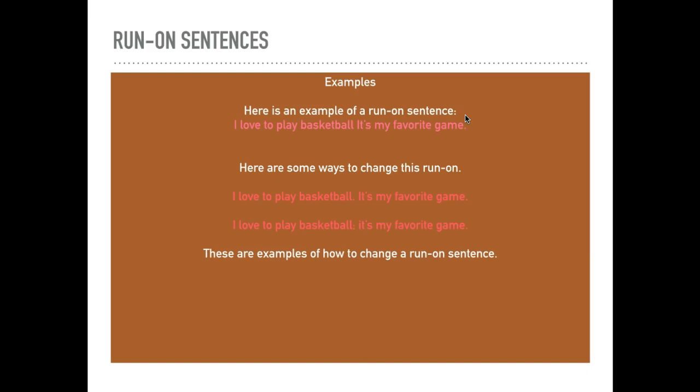So here's a way to change this run-on sentence. The first and easiest thing you can do, and it's always acceptable, is to use a period. Or, because these two ideas are related in thought, when you're talking about basketball and it being the favorite game, you could use a semicolon between the two independent clauses. Semicolons are used when the two ideas are related in thought.